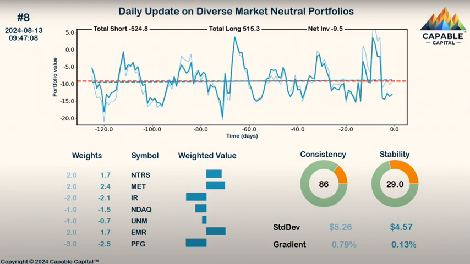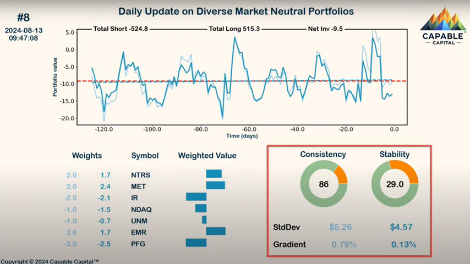In addition to displaying the portfolio, we also provide some additional measures here in the lower right corner to assess whether this specific portfolio might be a good strategy. Due to the construction of this market neutral strategy, the gradient of the portfolio value, the straight lines in the main panel, should generally be close to zero, but this is not always the case. We also show the standard deviation of the curves.